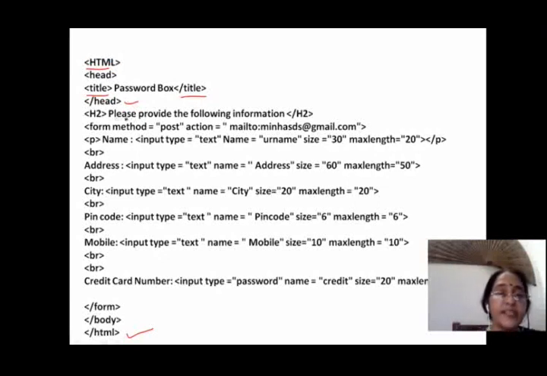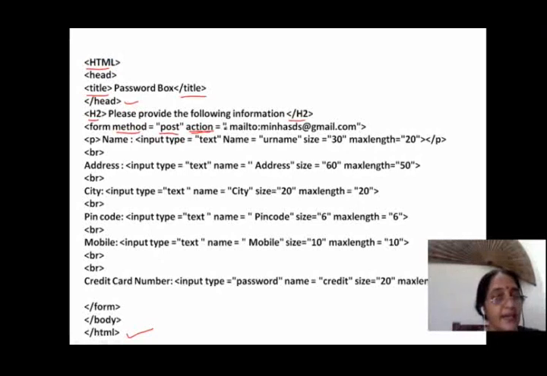This is your "please provide the following information." This is a heading, so you open the heading and you close the heading, right? Then here it is post, and here it is action. I told you that the form has got two things, the method and the action.